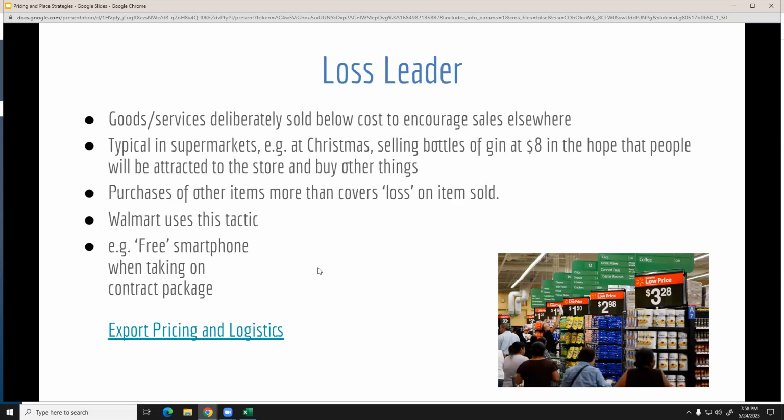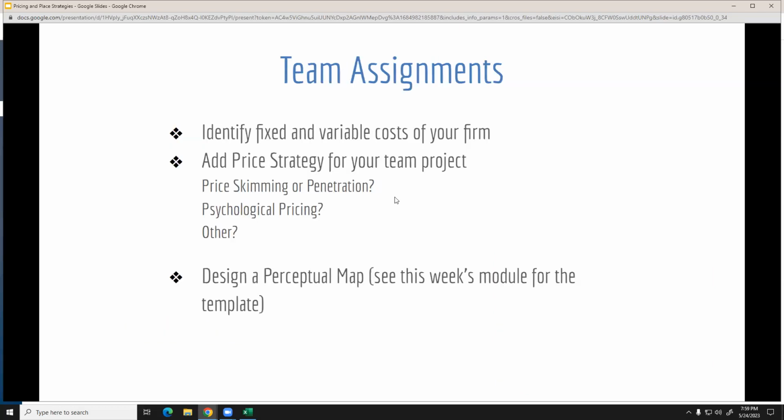But the perception was put in your mind. The other thing it did was it got you to come into the store. You might have seen the advertisement, so it got you to come in. Now you're looking at other products. Most of the time when a retailer merchandises like that, the low price leader doesn't really sell that much. It's more about bringing you in to see other things. So that's what the loss leader is.